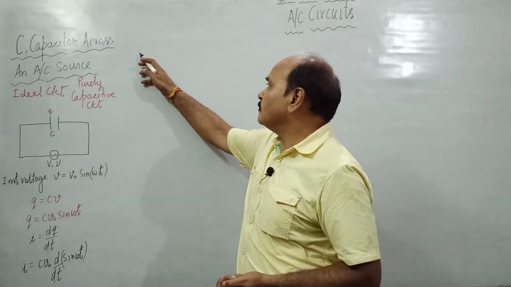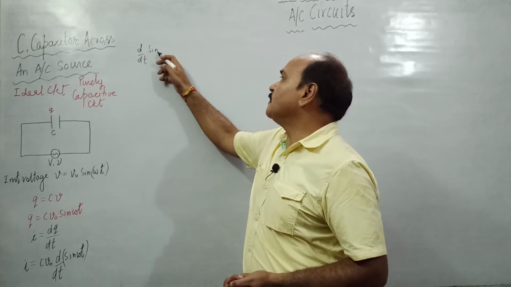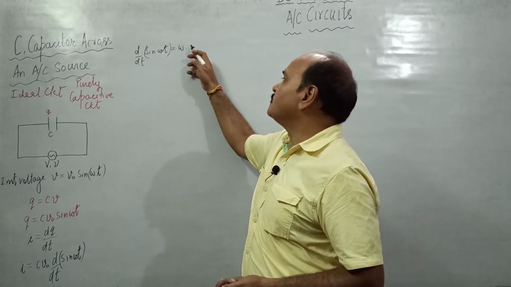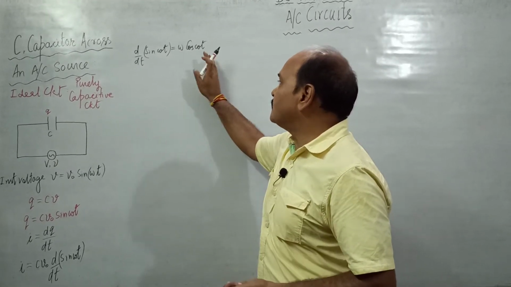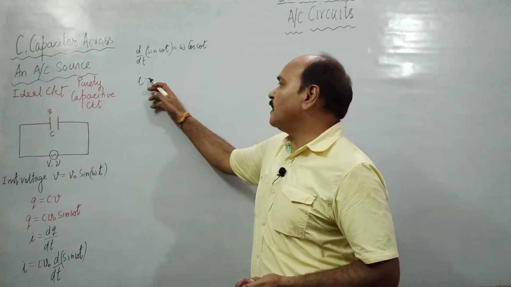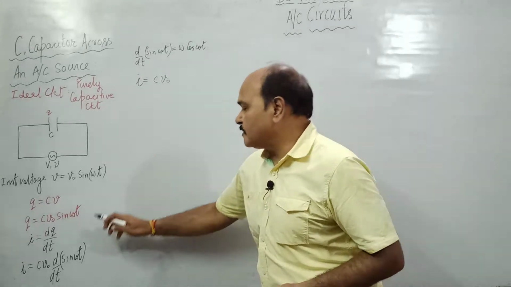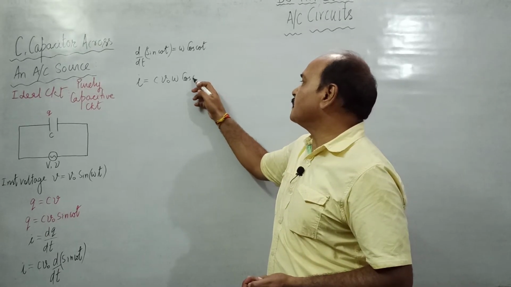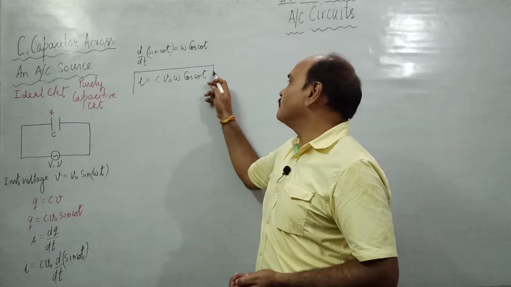We all know that d by dt of sine omega t is omega times cos of omega t. If we substitute this, we get the instantaneous value of current as I equals C V naught omega cos of omega t.